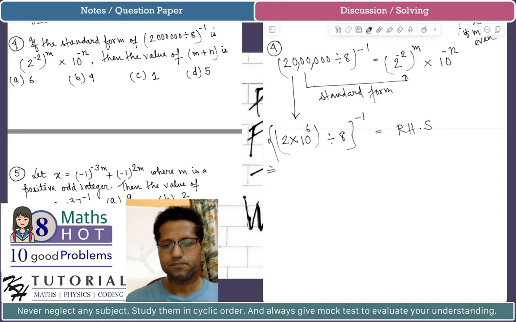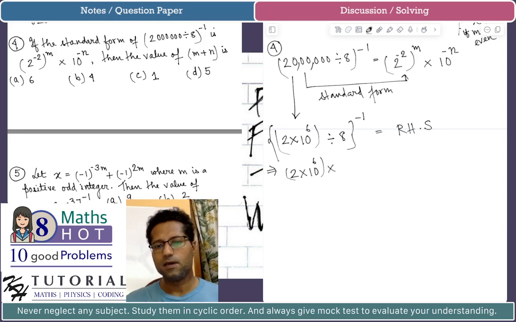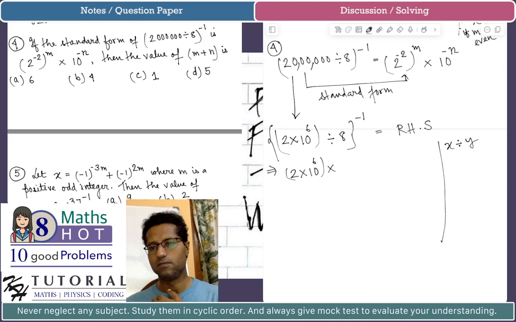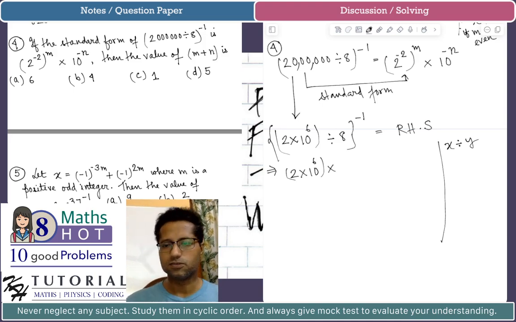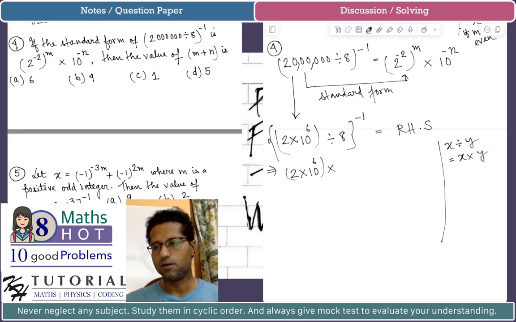Since there is a division, x divided by y, where y is a non-zero rational number, is x multiplied by the reciprocal of y, the multiplicative inverse of y, which is 1 by y.